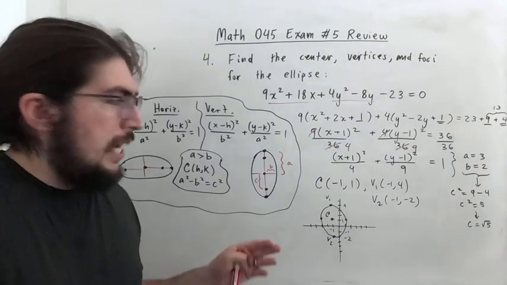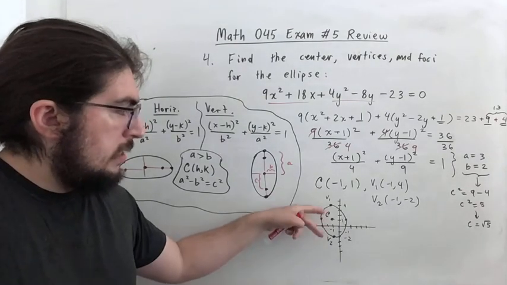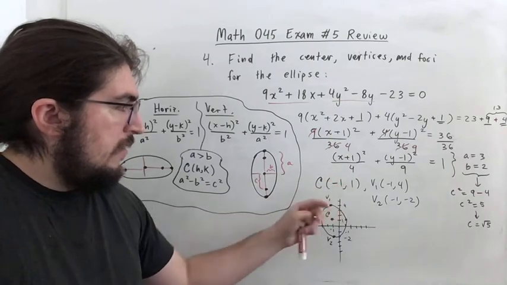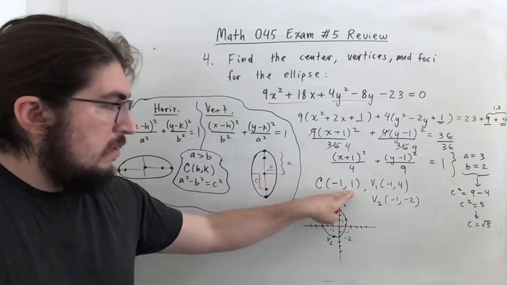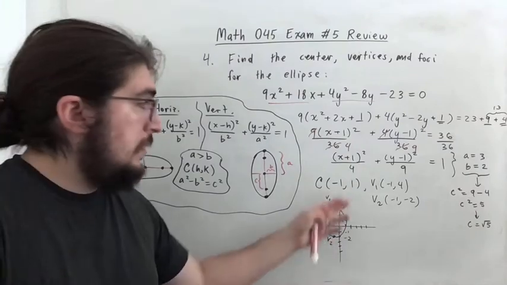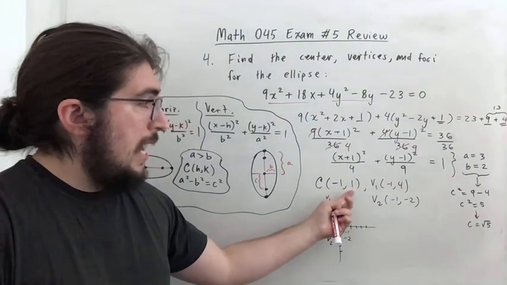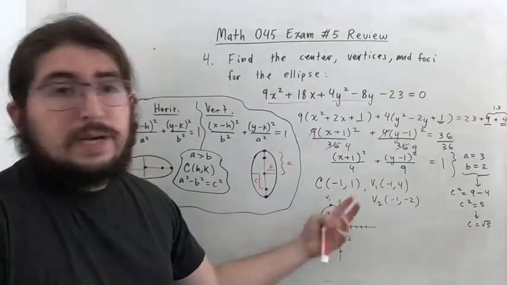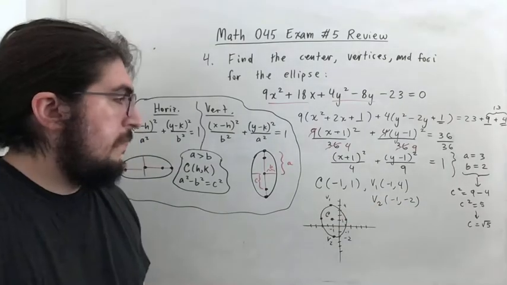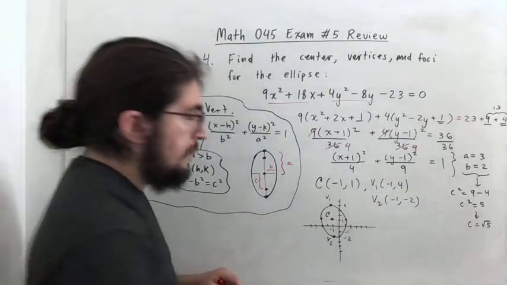This is kind of abstract, but basically all we're doing, notice, is if you look at the center, if you add a to the y value of the center, because this is a vertical ellipse, you get V1. If you subtract a, which is 3, from this, 1 minus 3 is negative 2, so you get that vertex. So I'm going to do the same with c, and I'm just going to leave it like this.